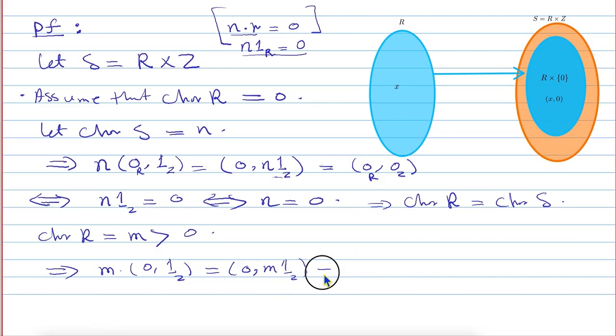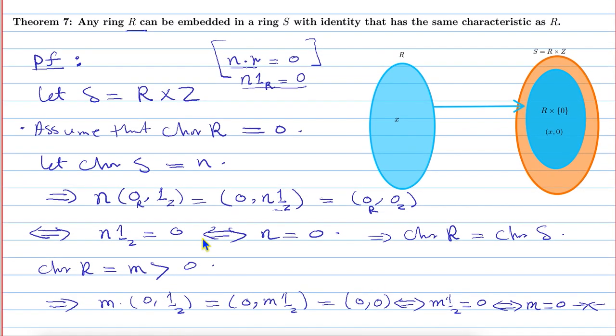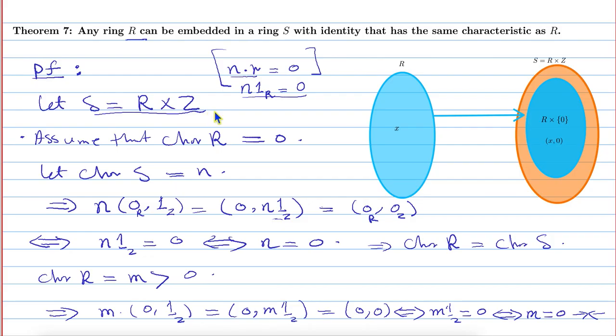And this must equal (0, 0). But this is possible if and only if M 1Z equals 0, which is possible if and only if M equals 0, a contradiction because M must be greater than 0. So this ring S here, by this definition, is not suitable. It works only for characteristic of R equal 0.